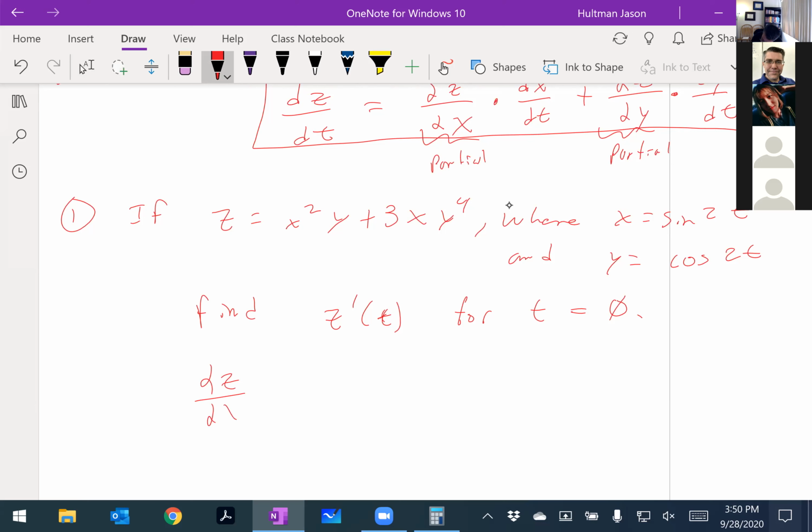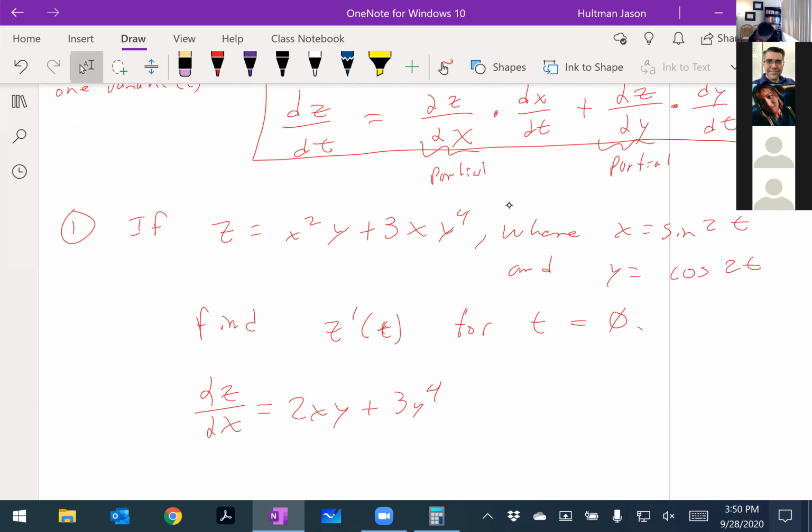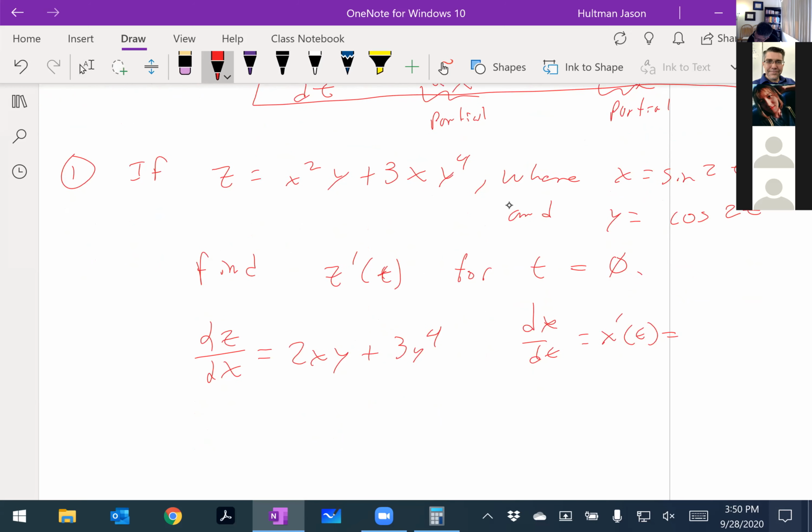The partial of z with respect to x is going to be 2xy plus 3y to the fourth. And then let's do dx/dt as well. What's dx/dt? That's x prime of t. And what is that derivative? Well, that's just 2 cosine 2t, right?